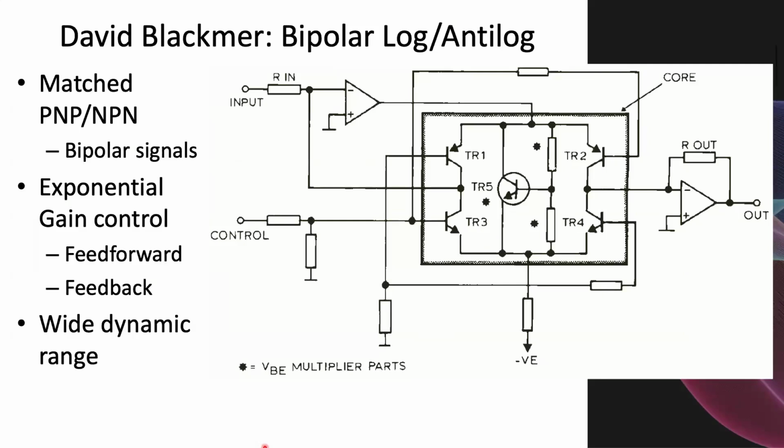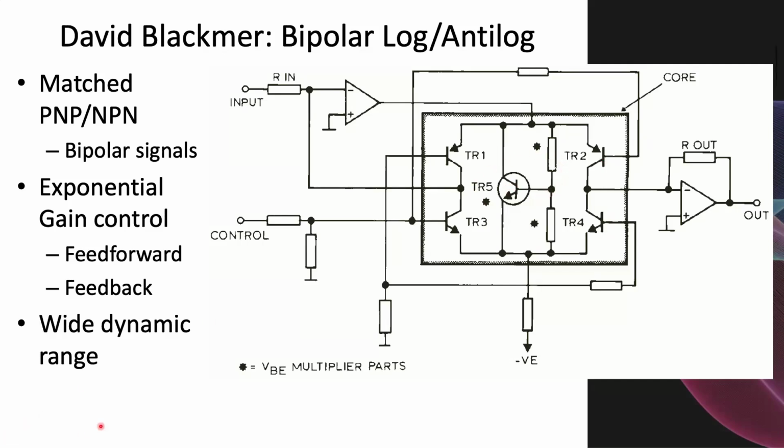So we finally got to David Blackmer's bipolar log anti-log, which actually used 2 sets of transistors, a PNP and an NPN type transistor, and allowed you to bias it.